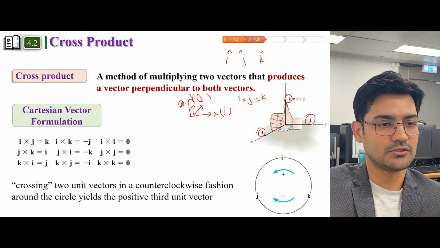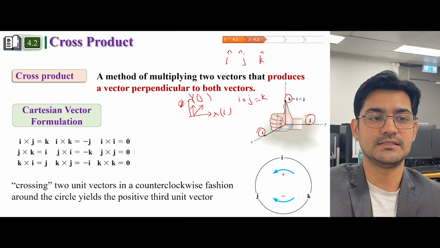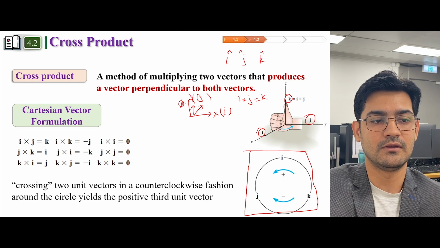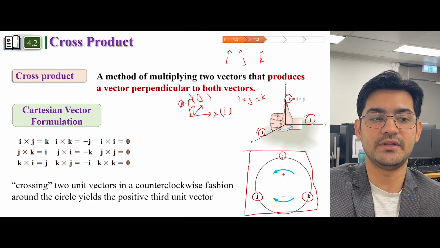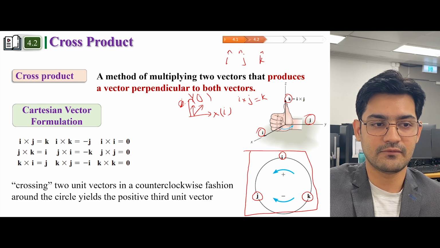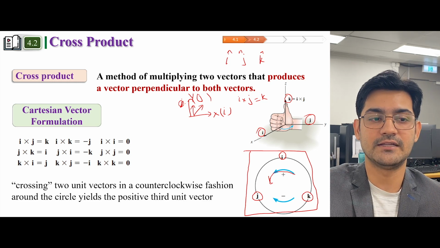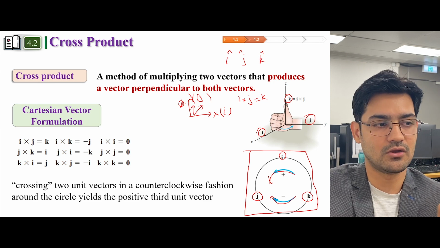You can also understand which two axes give which one by understanding this figure. You have i, j, k representing three axes, and the direction of i, j, k is positive if it's anti-clockwise, and the direction would be negative if it's clockwise.